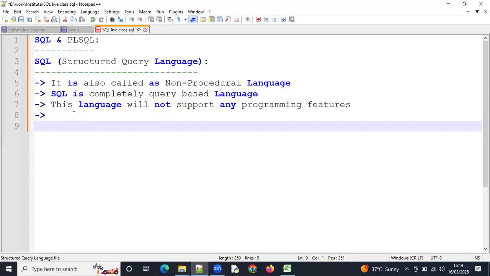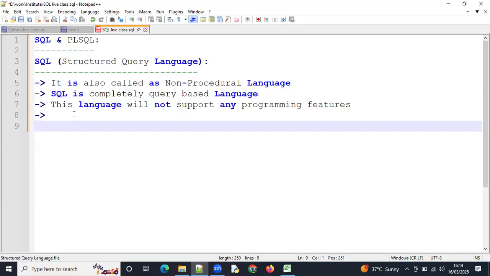The highlighted words are the ones we are going to use in our upcoming sessions in SQL programming. The words which are not highlighted, showing as normal text, are nothing but normal running notes. Those are not keywords of the SQL language.